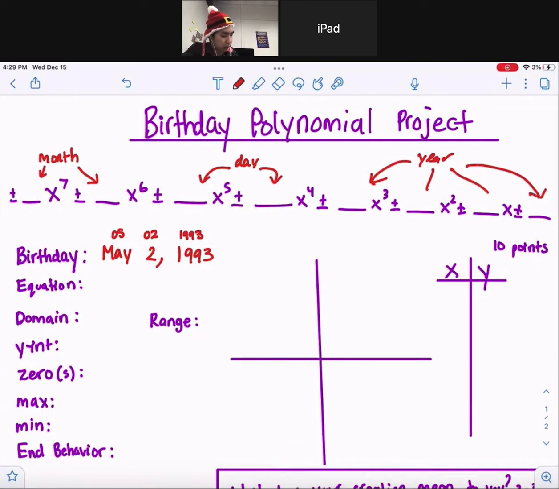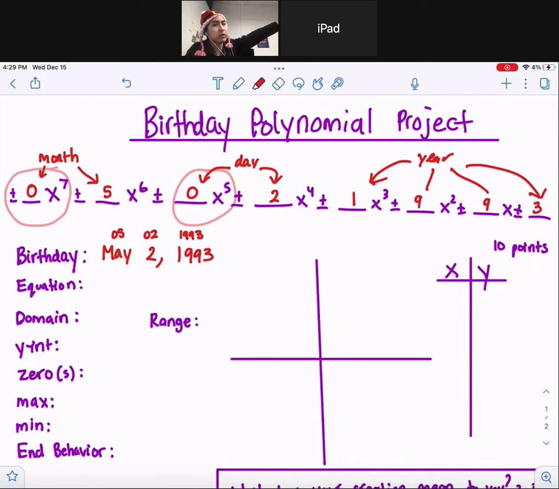Okay, now for this one, 05, that's May, 02 for the 2nd, and 1993. Now, one thing to notice: do you all see the ones that have a coefficient of 0? 0 times anything is just 0. So that x to the 7th and x to the 5th will get eradicated and move away.